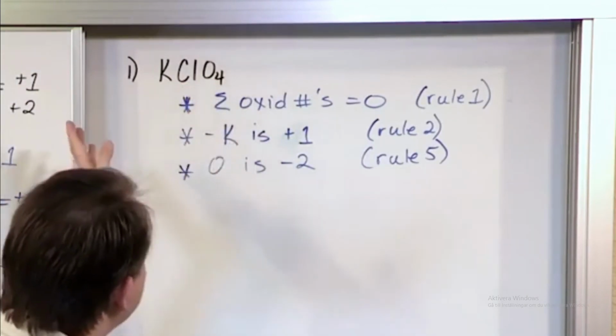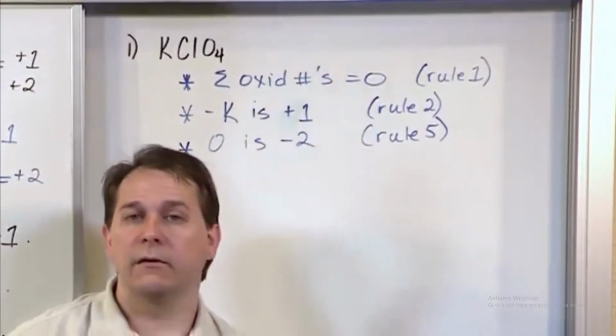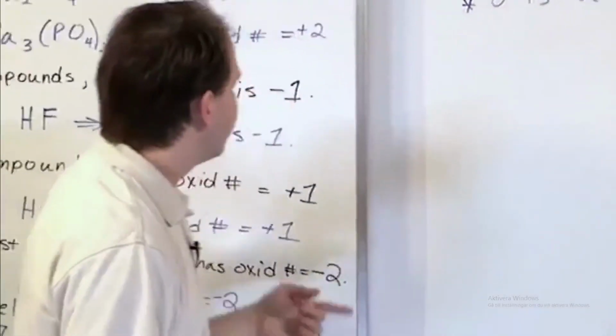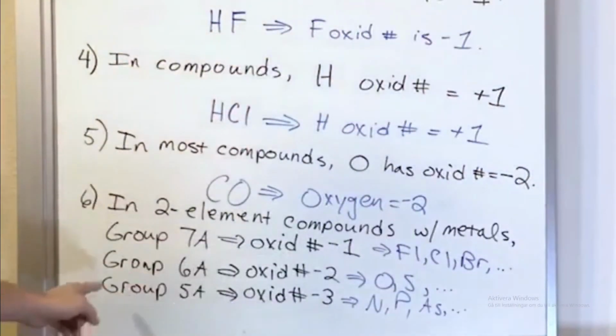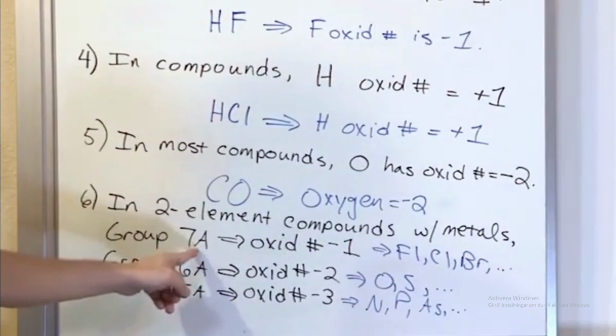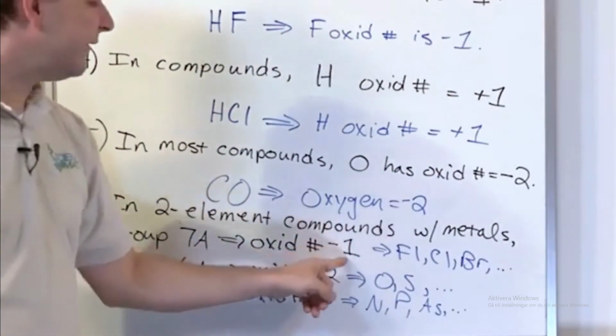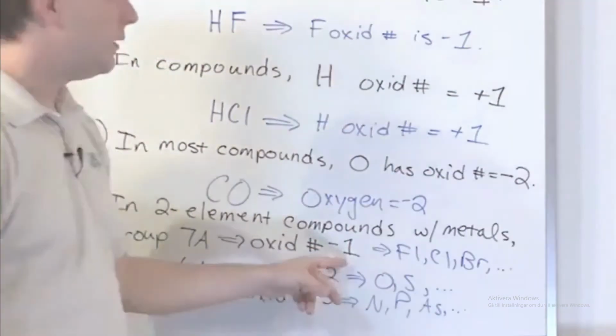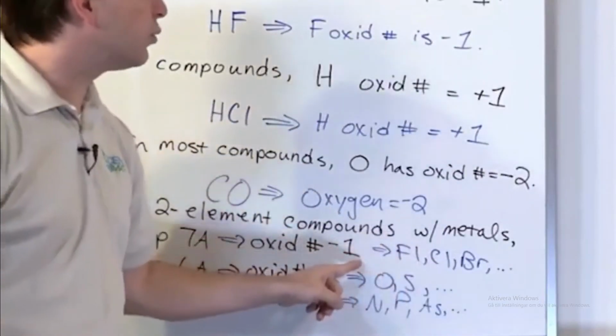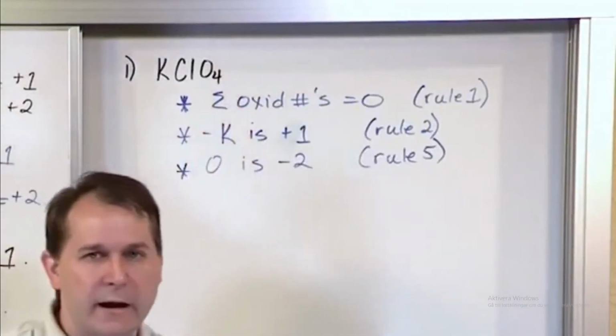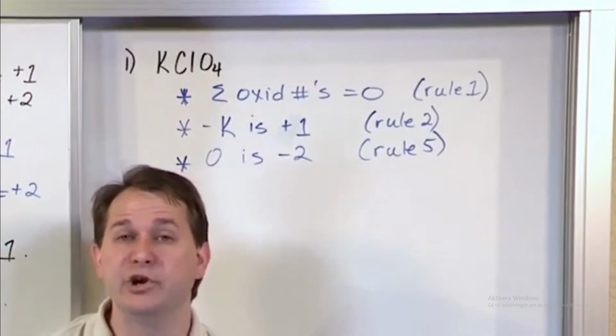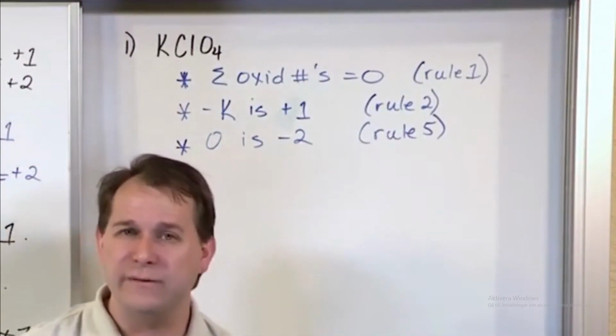So a lot of students will think, okay, I'm going to keep looking down here and down here. Eventually, I'm going to get down to the group 7A nonmetals, and I'm going to see that they have oxidation number -1. So I might be tempted to put for chlorine -1 here and say, okay, I've got all the oxidation numbers, but you would be wrong if you do that.